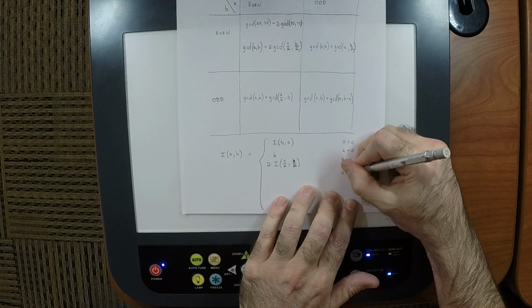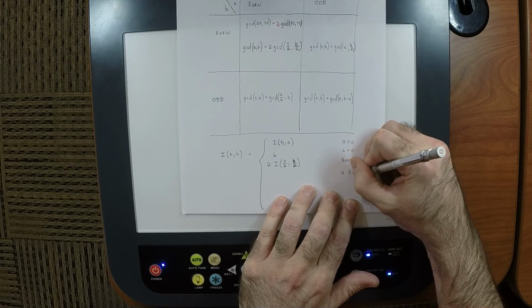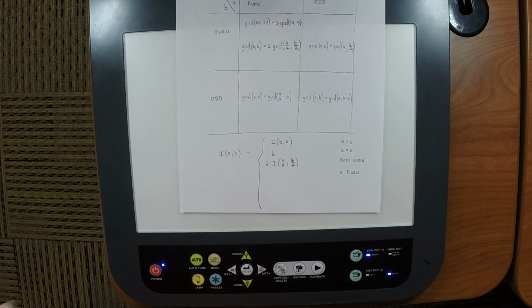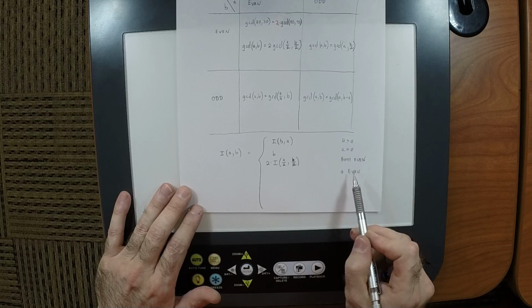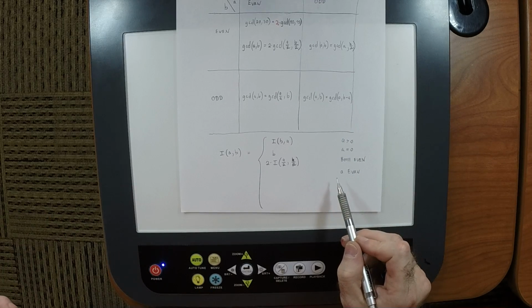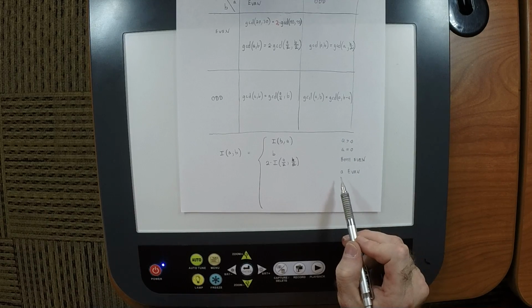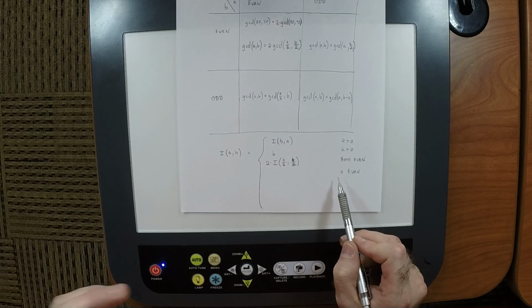Now, remember that for functions, clauses are evaluated top to bottom, with first match winning, which is to say that the clause above says both even. So if this clause says that A is even, that implies something. What does that imply? That B is odd, right? That's what that means.